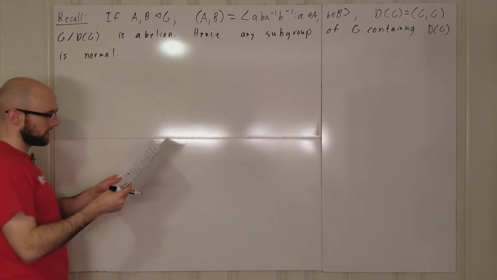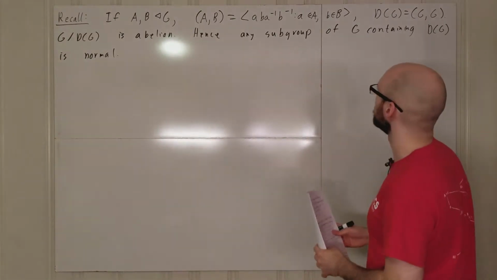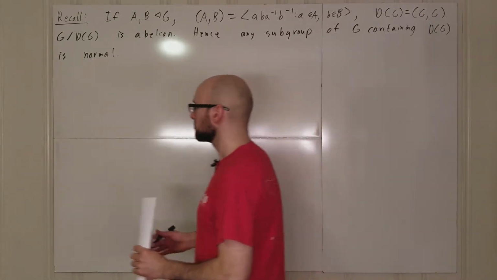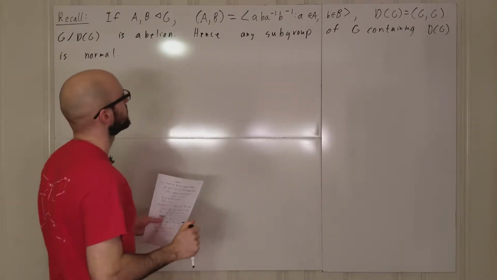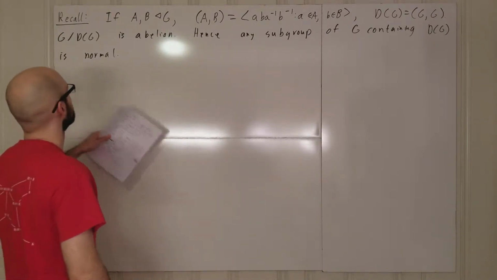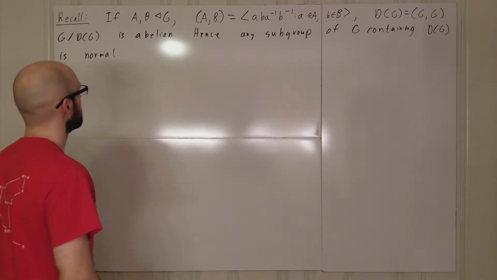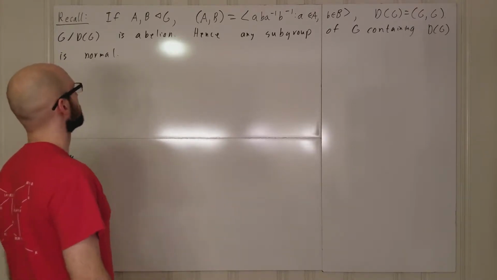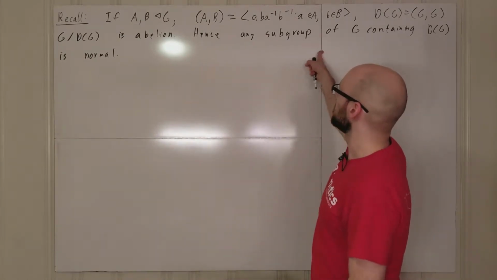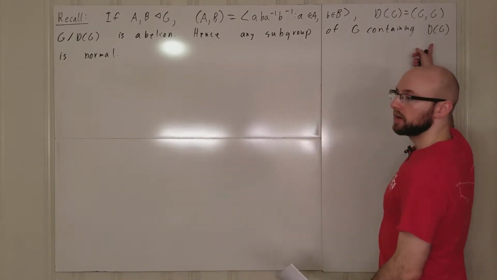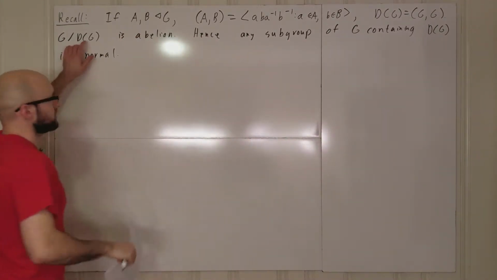And why is that? That's by the first isomorphism theorem. So any subgroup of G containing D of G: we have a one-to-one correspondence between the subgroups of G which contain DG and the subgroups of G mod DG.